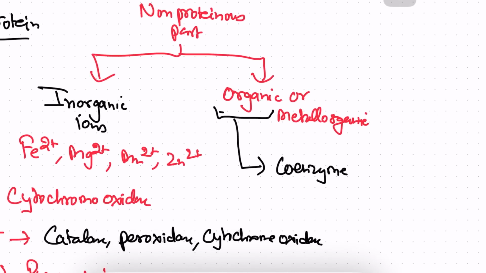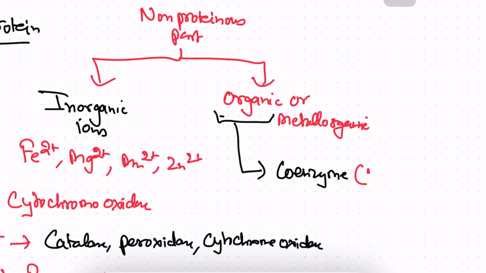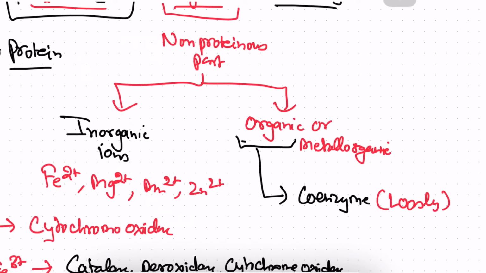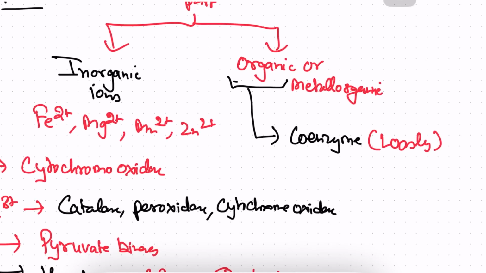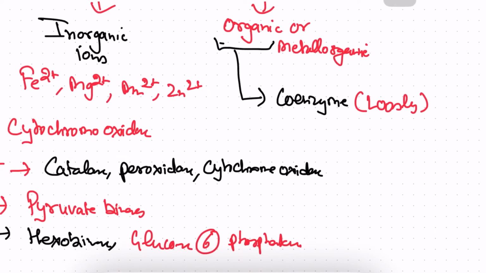Now keep in mind, generally the organic component is loosely bound. So coenzyme is loosely bound with the enzyme. Hopefully it is clear to you what is coenzyme. Generally these coenzymes are derived from organic components like vitamins.